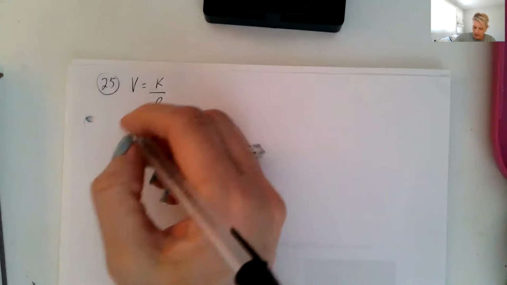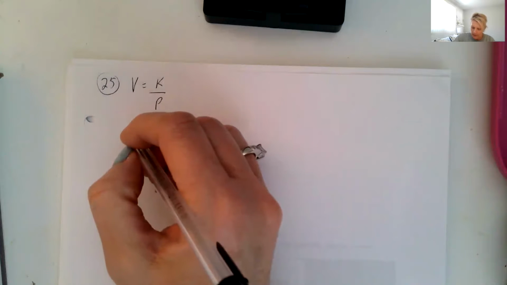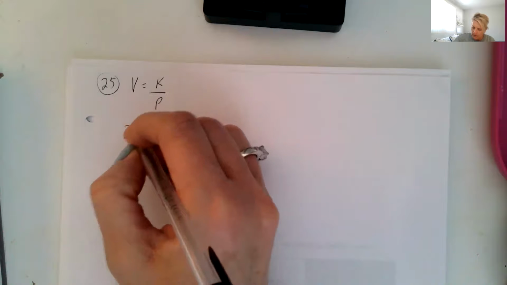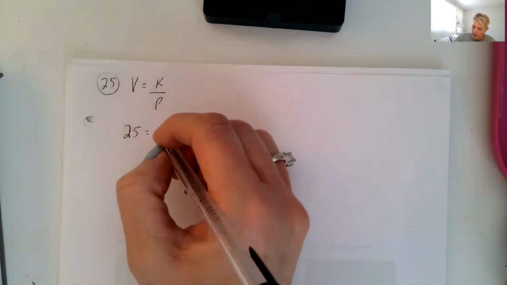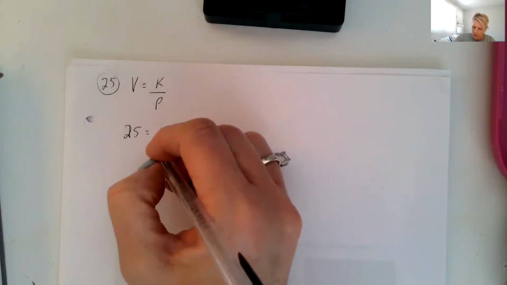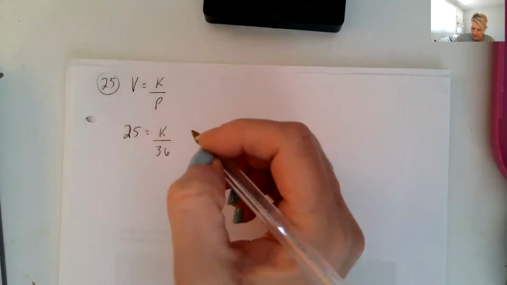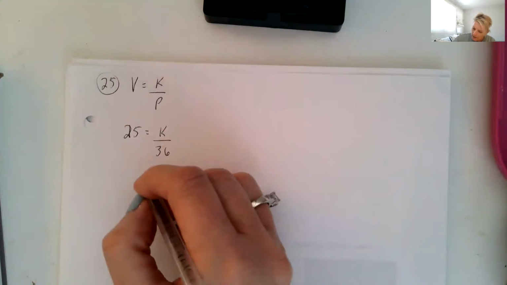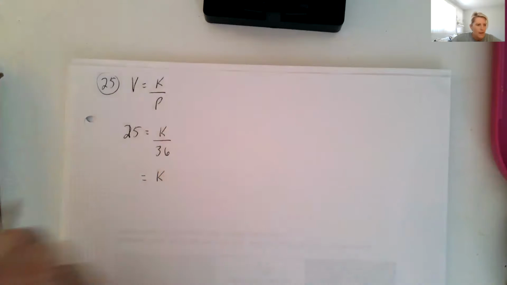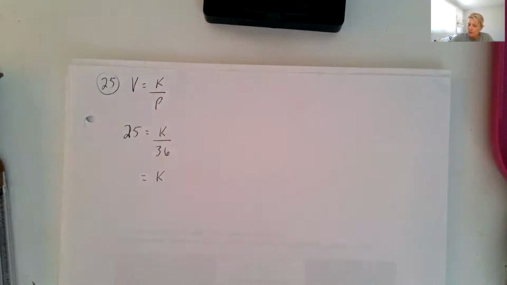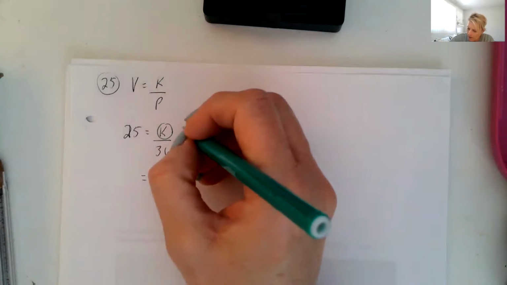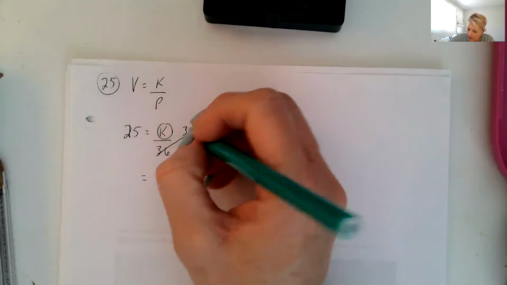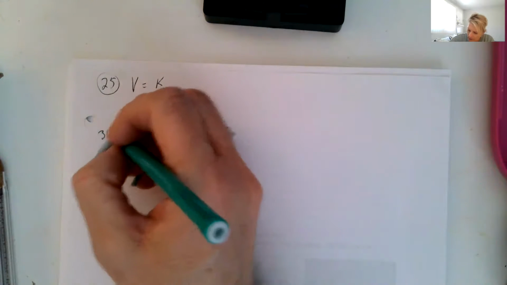If a pressure of 36 pounds per square inch corresponds to a volume of 25, so the volume is 25 when the pressure is 36. Okay, so we need to solve for K. We're going to have to multiply both sides by that denominator. We learned that back in chapter 2.